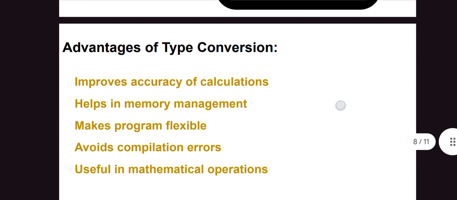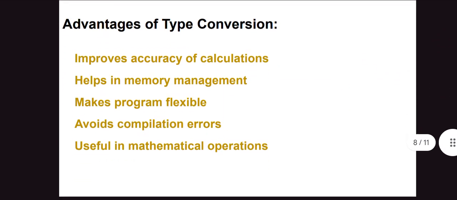Now let's see the advantages of type conversion. Type conversion improves the accuracy of calculation. It also helps in memory management. It helps in managing large amounts of data in a convenient, systematic way.